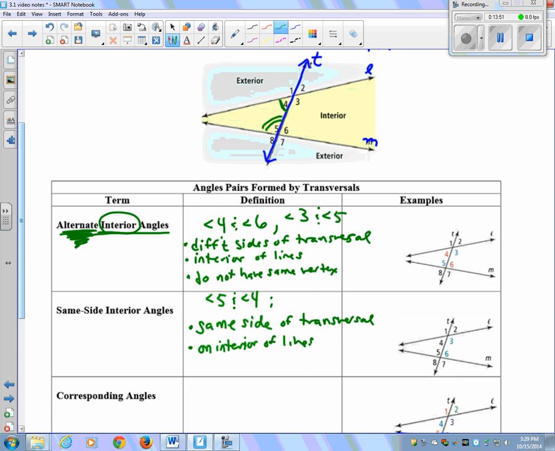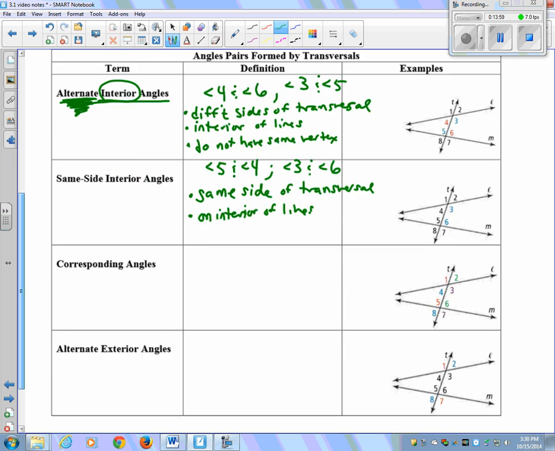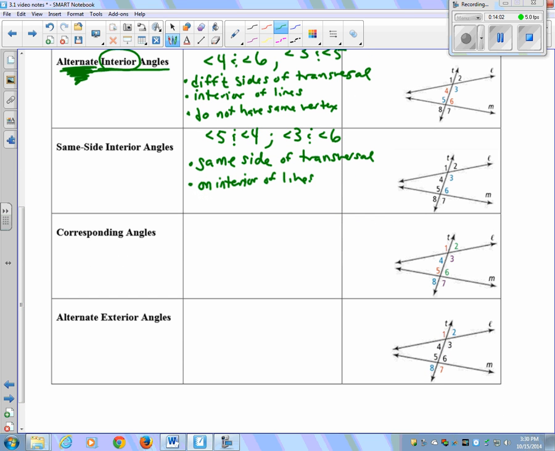What would be the other pair of interior angles? Angle 3 and angle 6. All right, corresponding angles. Corresponding angles are going to be angles that are on the same side of the transversal. One's on the interior, one's on the exterior.